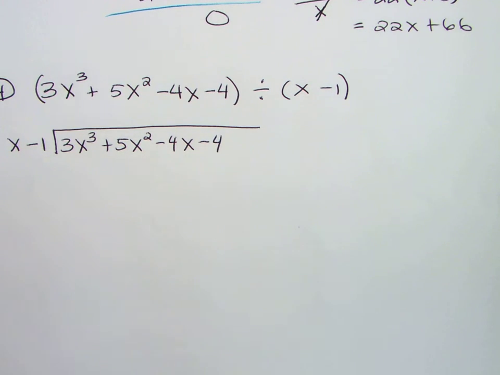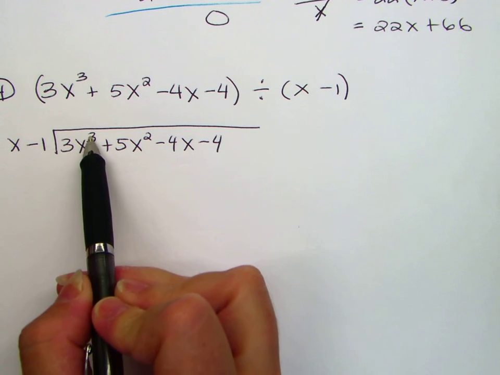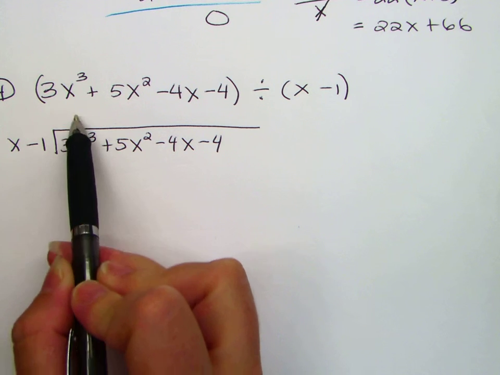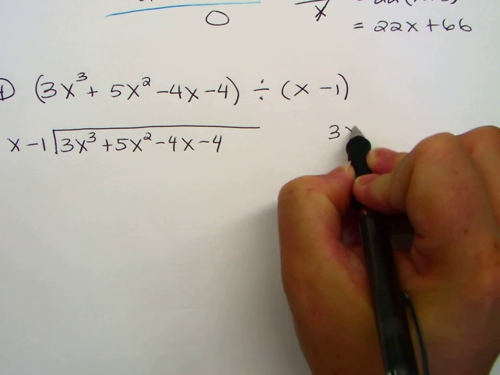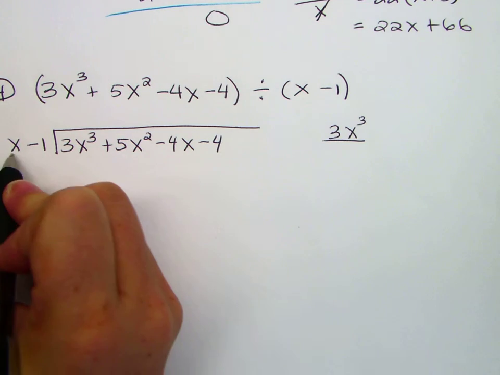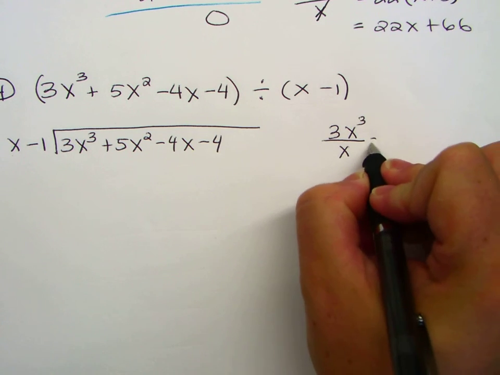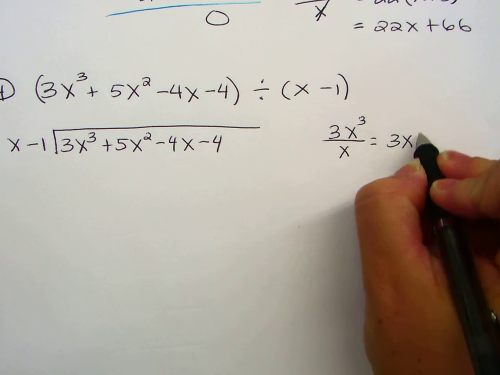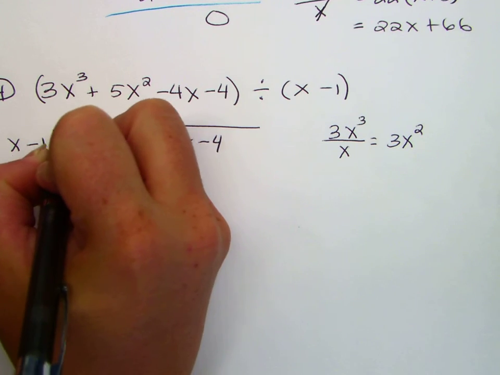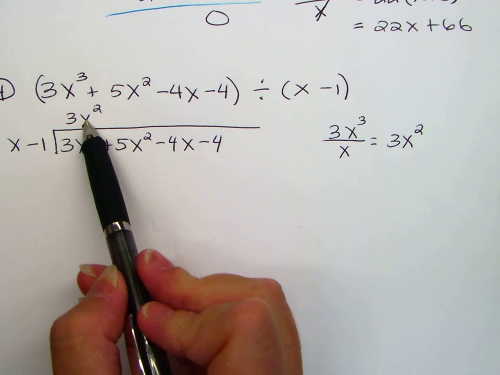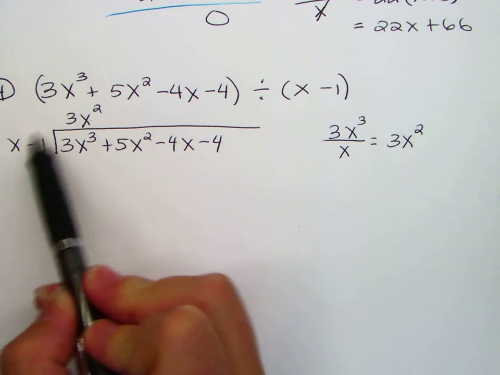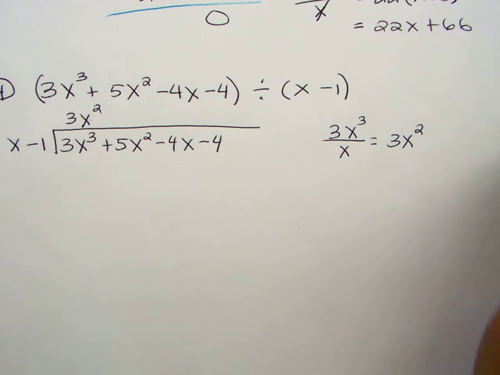All right. We take our first term and we need to know what to put up top. Right? So we divide. Always divide. 3x to the third divide by the x. When we divide, we get 3x squared. That's what goes up top. After you divide, you always multiply. 3x squared times the outside.